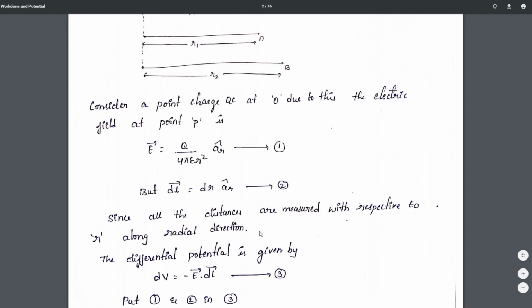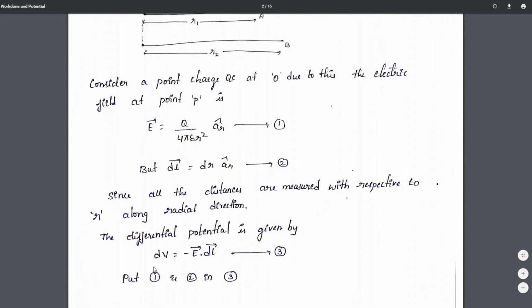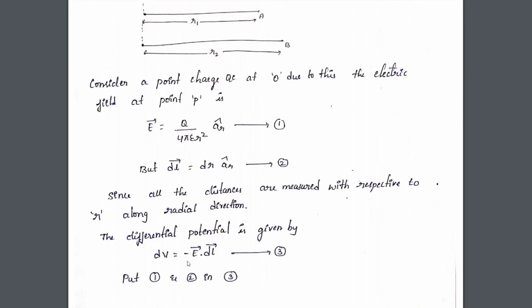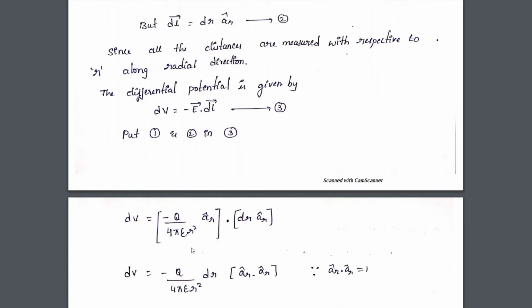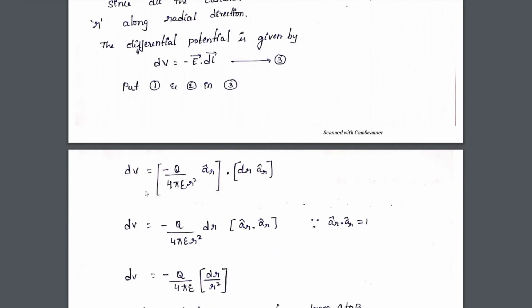After calculating these two terms, you write the expression for differential potential. So we know differential potential is given by minus E dot dl, that is given in equation 3. Then the values of 1 and 2 are substituted in equation 3, and then you need to apply the dot product and simplify.